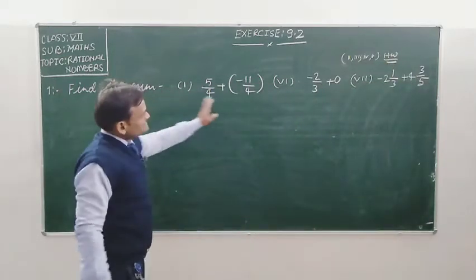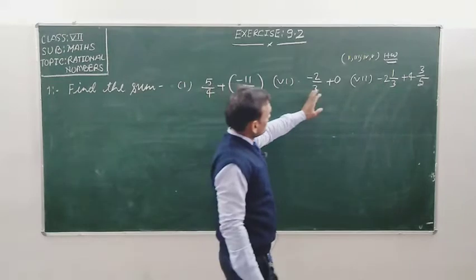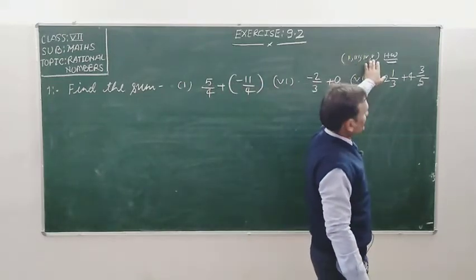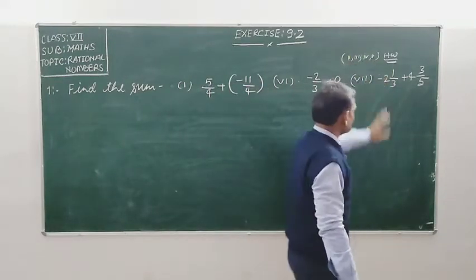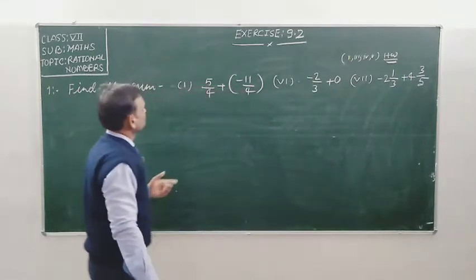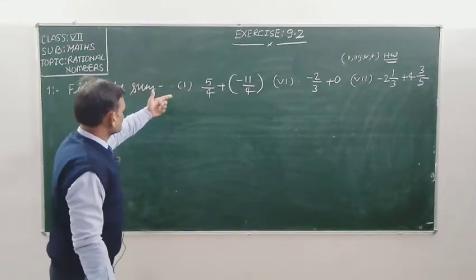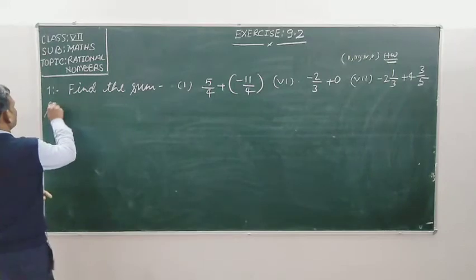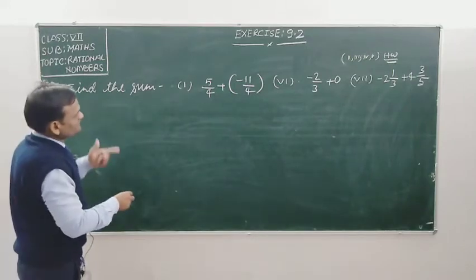According to these three parts, you will solve parts second, third, fourth and fifth in your fair copy, student. So I am going to solve the part first of question number first.